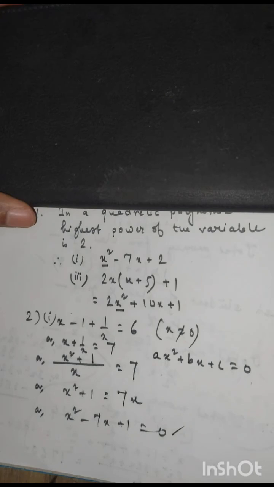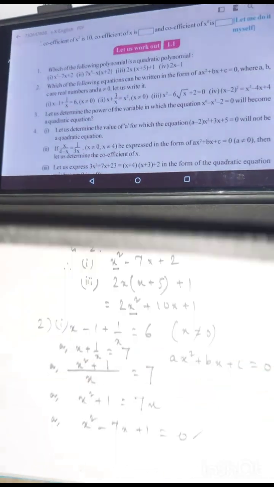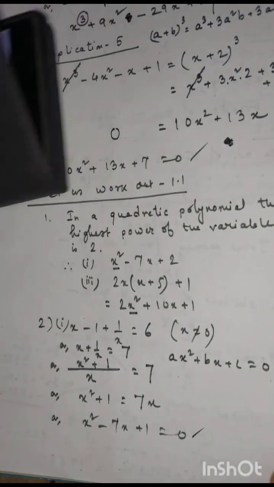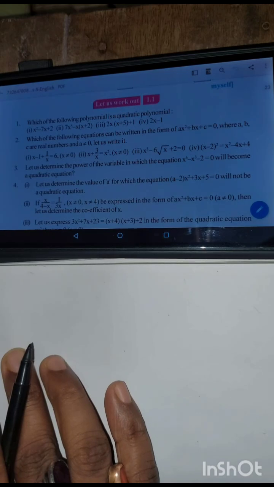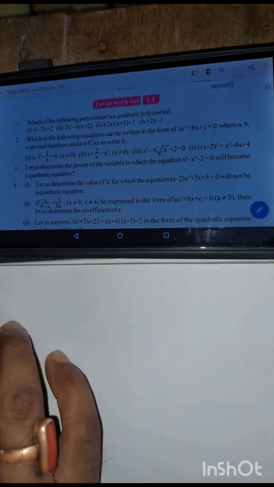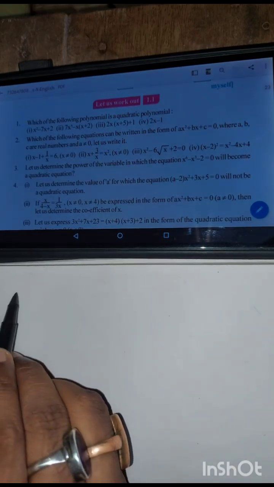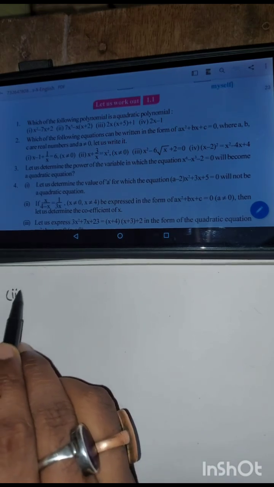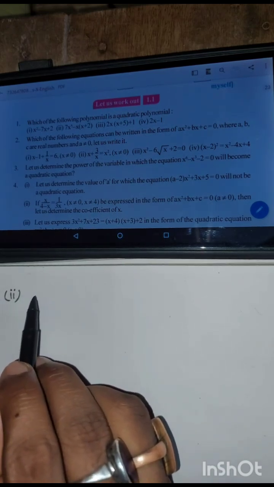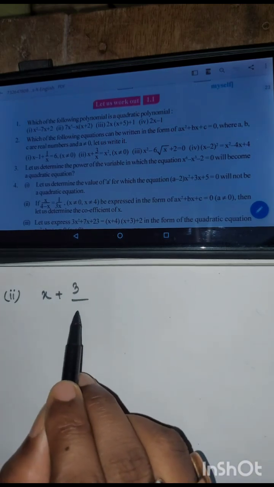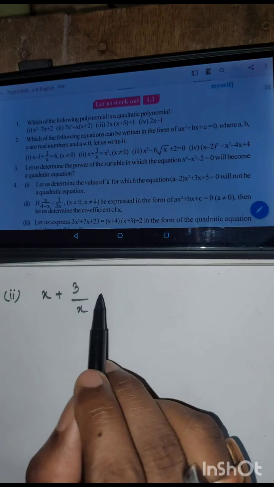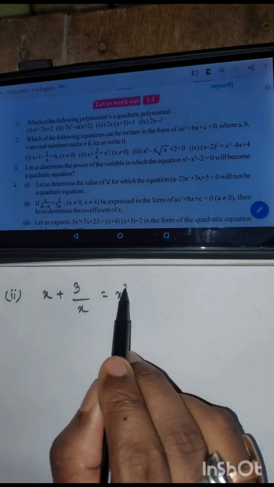Now let us take equation 2. Equation 2 says x plus 3 by x equal to x square.